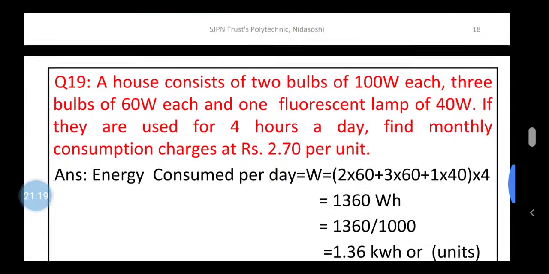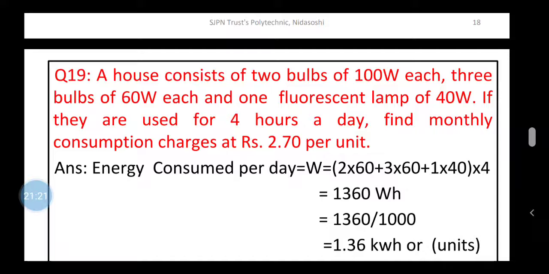Now the next question is: a house consisting of 2 bulbs of 100 watt each, 3 bulbs of 60 watt each, and 1 fluorescent lamp of 40 watt. If they are used for 4 hours a day, find the monthly consumption charges at 2.7 per unit.